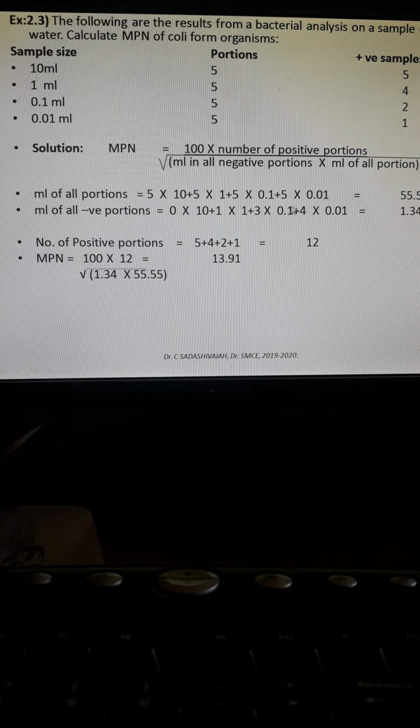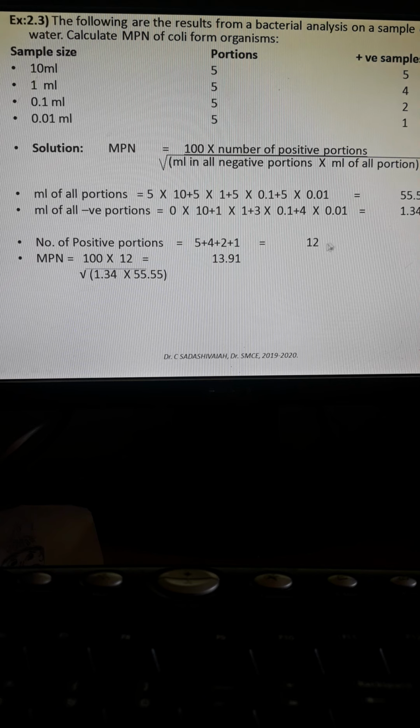Therefore, the total quantity, that is ml of all portions taken in the test tubes in the entire test, will become 5 into 10, 50, plus 5 into 1, 5, that is 55, plus 5 into 0.1, 0.5, therefore it is 55.5, and lastly 5 into 0.01, the value will become 0.05. If you add all these things, we are going to get 55.55 ml.